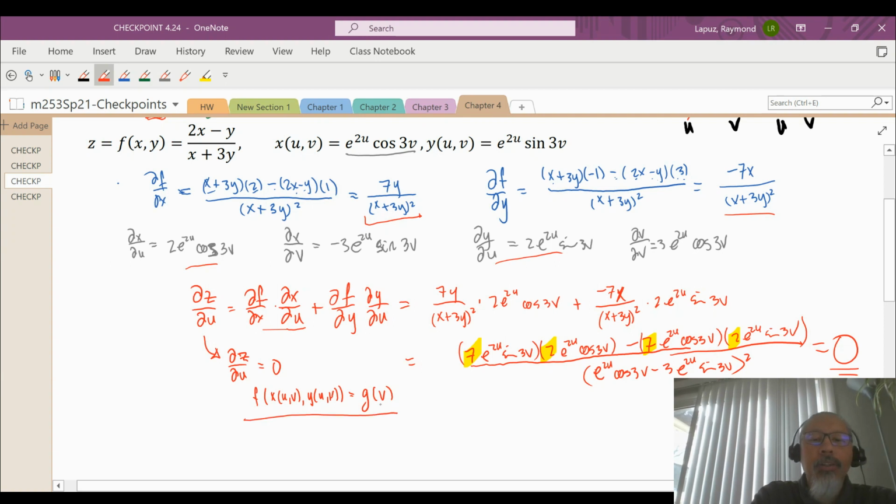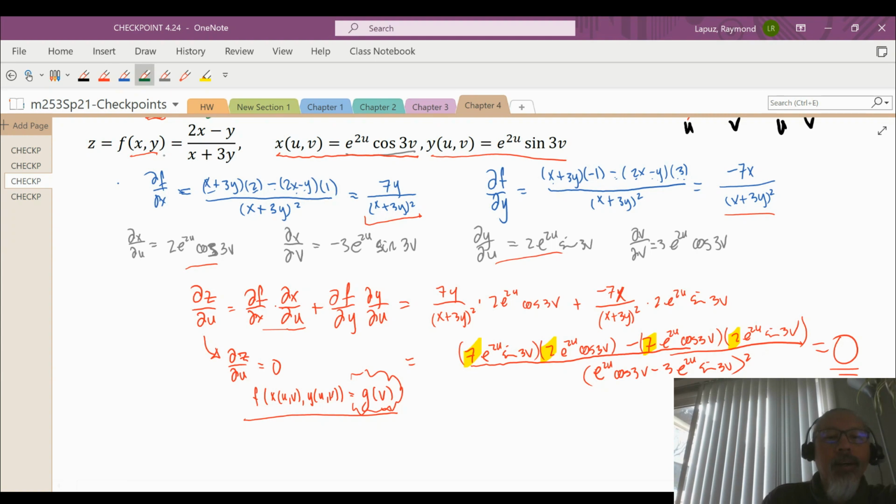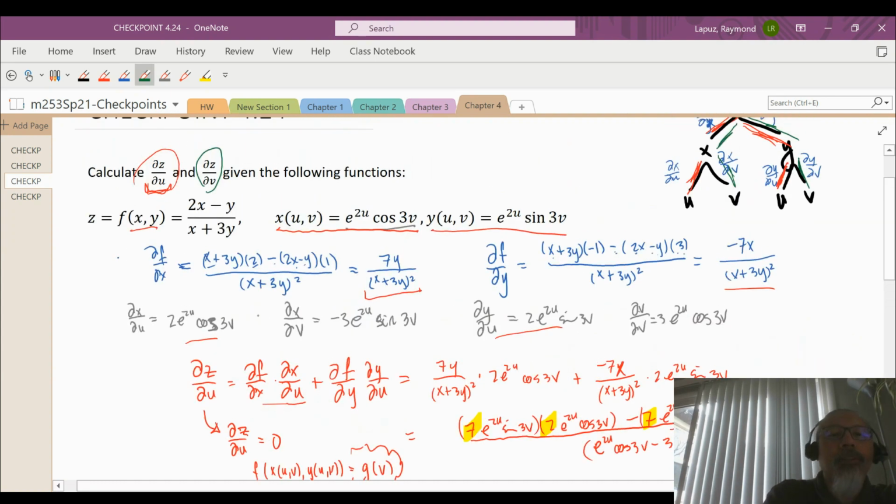So I would encourage you to check this out by putting the functions x of uv and y of uv into the original f function and see how that will turn out. Okay. All right, let's go on to our next partial derivative.